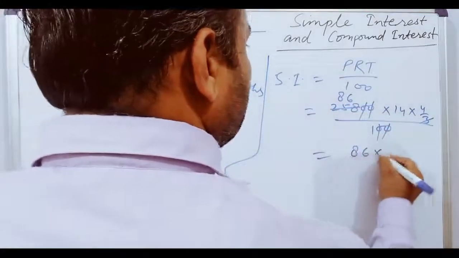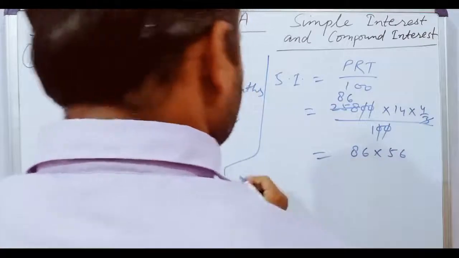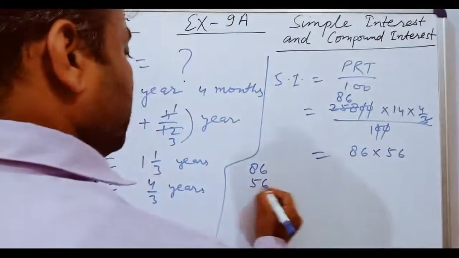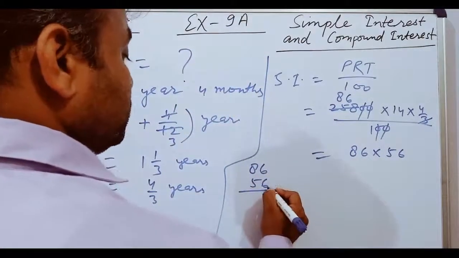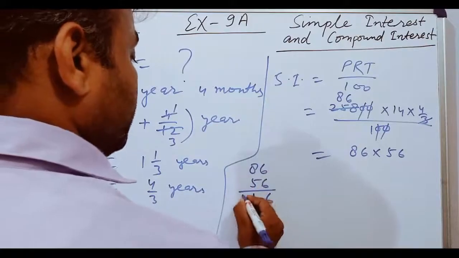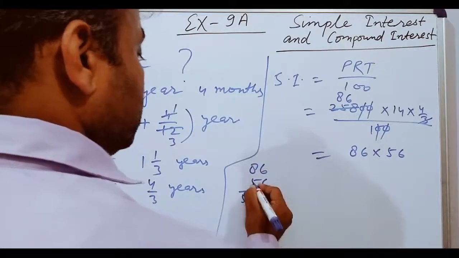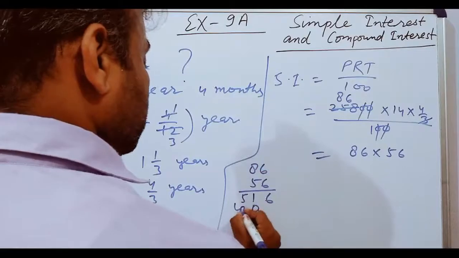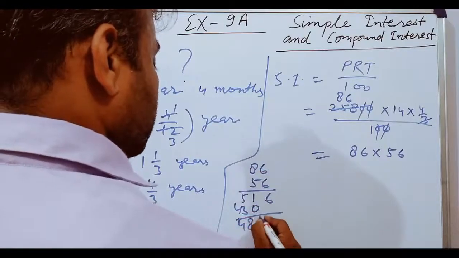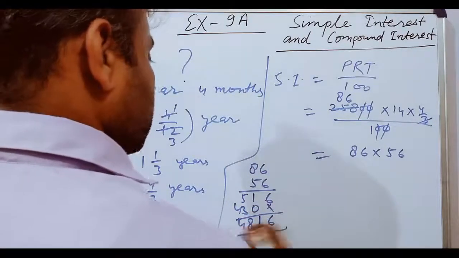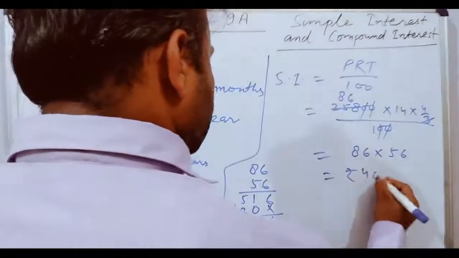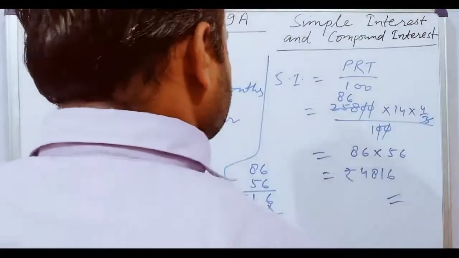Now 86 into 56, 14 4s are 56. Then multiply 86 by 56, and we get 4816. It is rupees 4816. This is the answer.